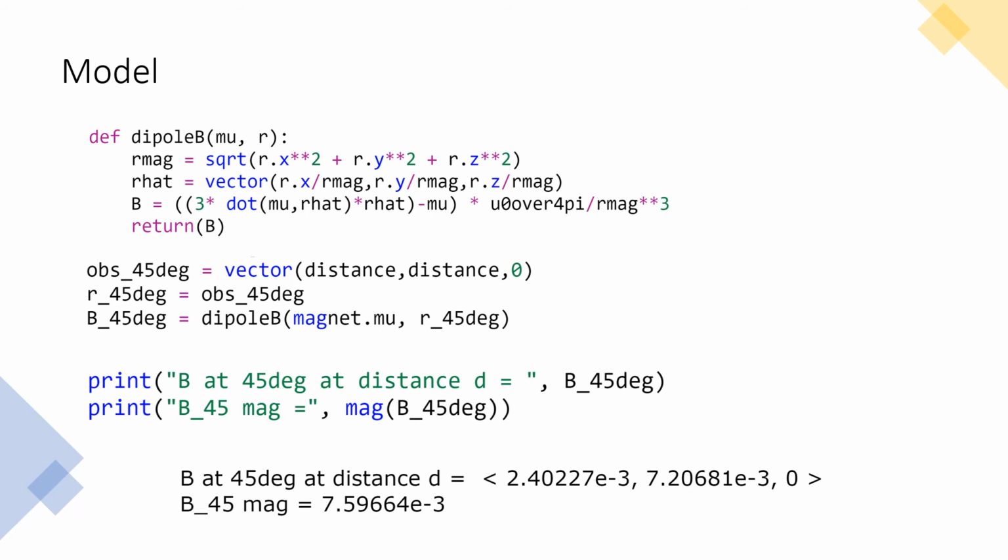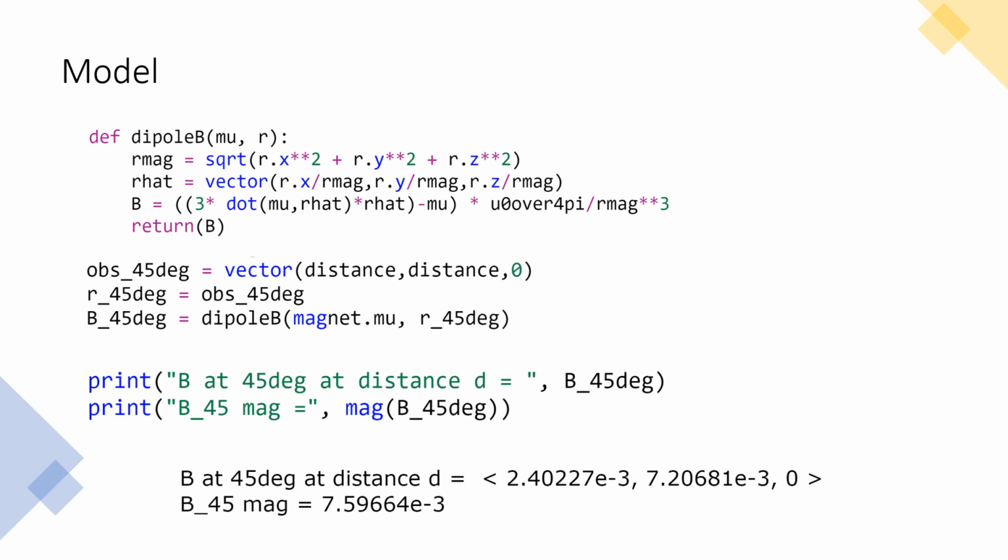This is multiplied by mu naught over 4 pi divided by the magnitude of r to the third. Using this, I was able to find the magnetic field at 45 degrees, at a distance equally in the x and y direction. The magnitude of this vector was found to be 7.59664 times 10 to the negative third.